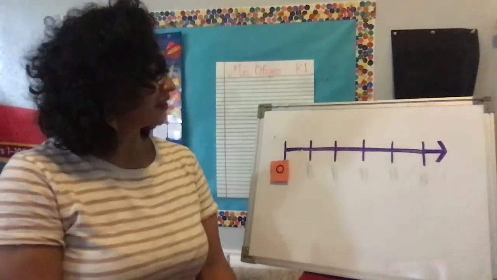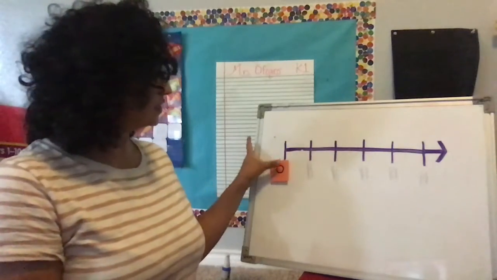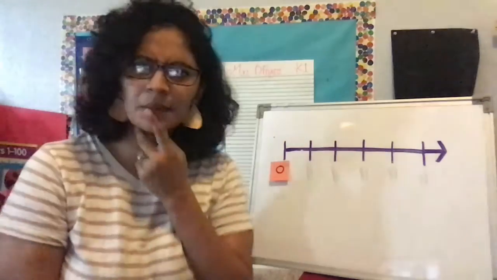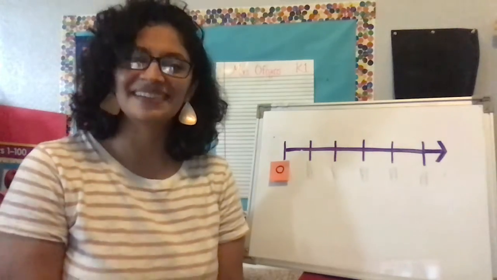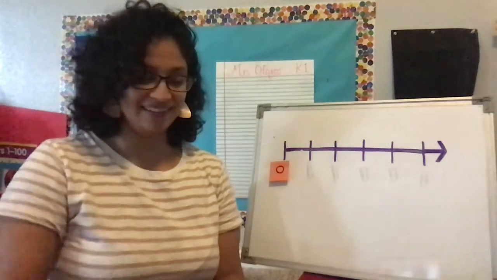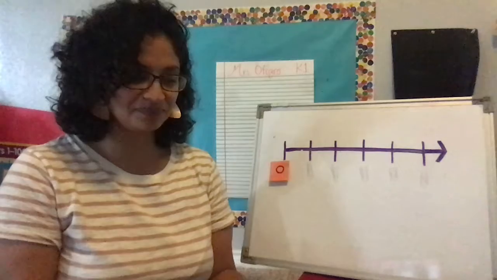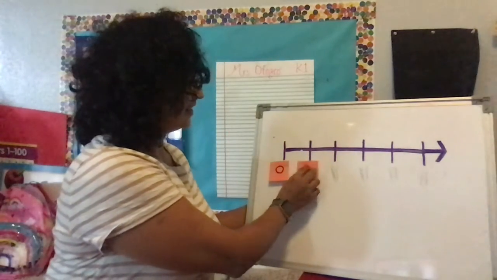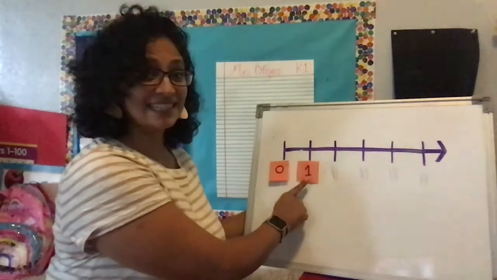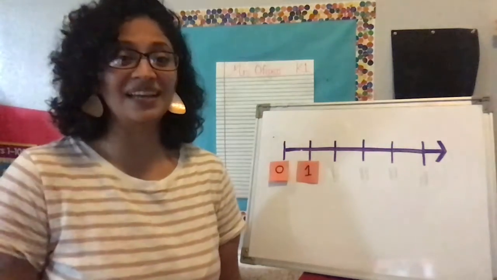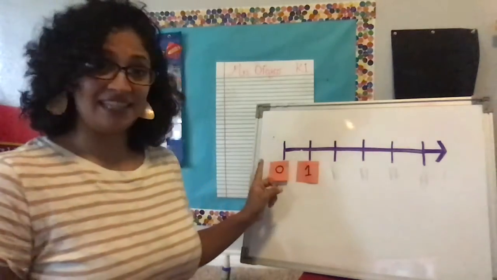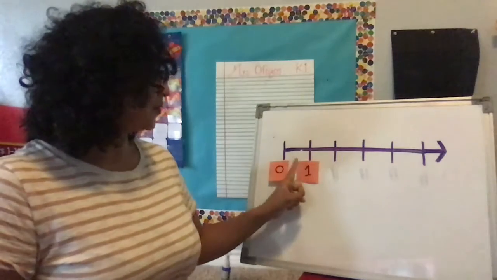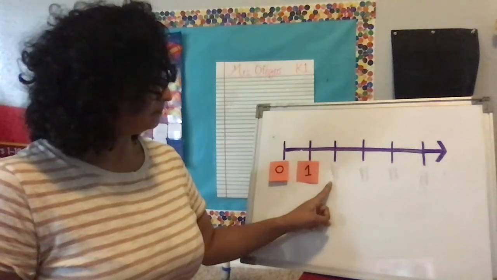So if I have my number line and I start with 0, which number comes next, friends? That's right, 1. And so I have my number 1, and I'm going to put it right here because it's next in order on the number line. So let's count. Ready? 0, 1. What comes next?